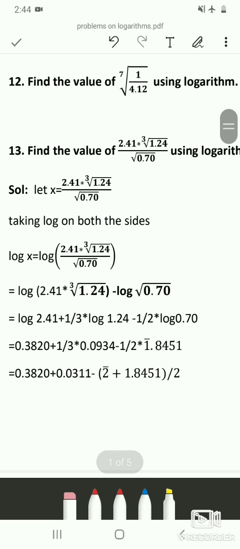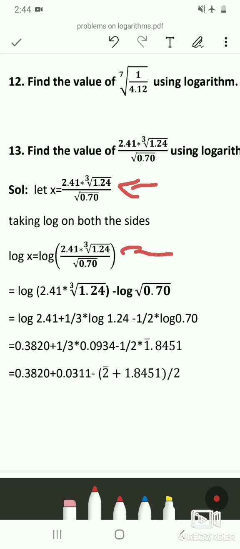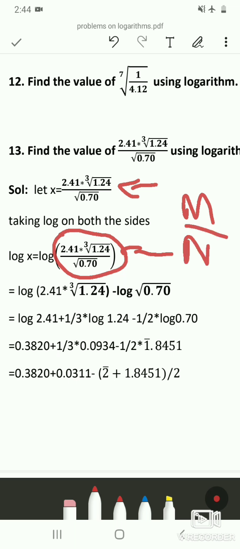So as usual, the first step is to consider the given term as x and then take log on both the sides. So we'll get log of x is equal to log of the term. So now here this is in the form of m upon n, so you can use the second law.